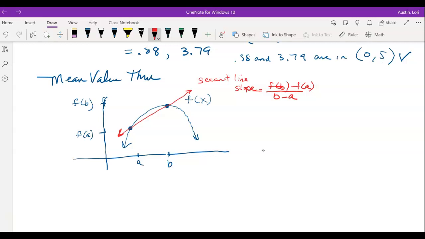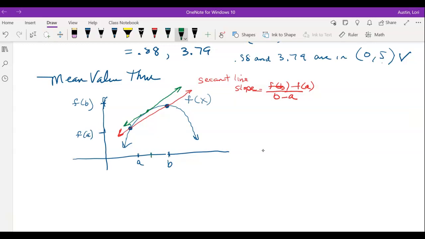Now, the mean value theorem says between a and b, there has to be some value c. There's got to be some place between a and b where there's a tangent line that has that exact same slope.